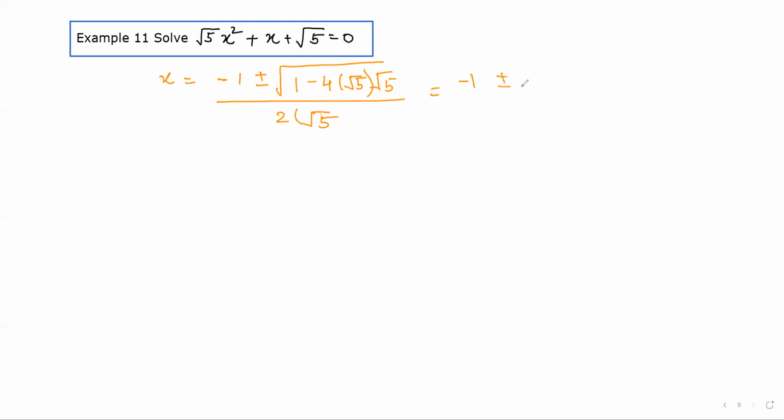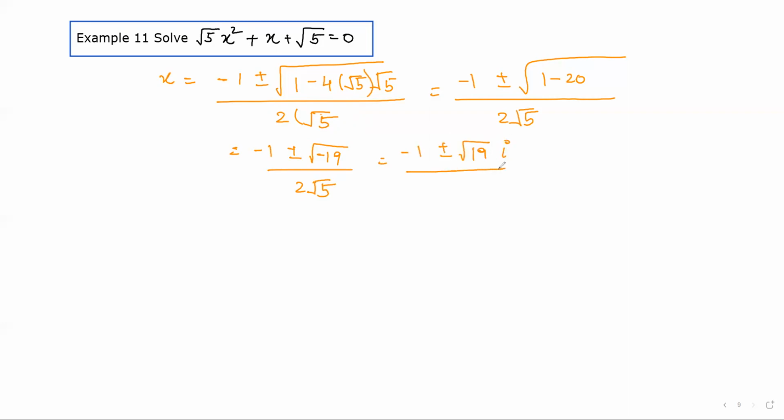Minus 1 plus minus root of 1 minus 20 upon 2 root 5. Root 5 has to be rationalized; you do not want root 5 in the denominator. For the time being, we can leave it. We can do it in the final step, or we can skip it as well. This is equal to minus 1 plus minus root of minus 19 upon 2 root 5, equal to minus 1 plus minus root 19 into i upon 2 root 5.